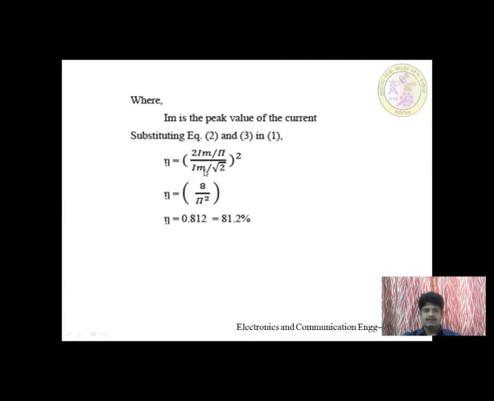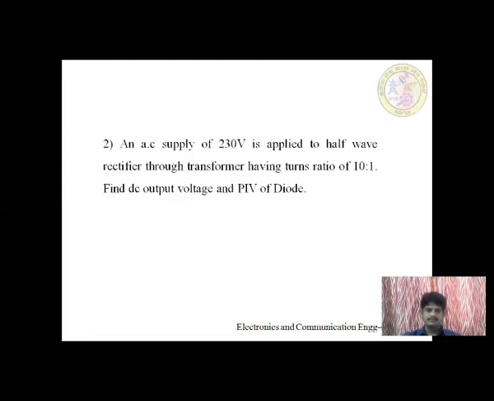Here also Im will get cancelled, and the denominator of the denominator goes to the numerator, and this denominator comes here. When you simplify this, it becomes 8 divided by pi square. If you simplify this, you will get 0.812. If you want it in terms of percentage, multiply with 100, and you will get 81.2 percent. So this is the solution for the first problem.